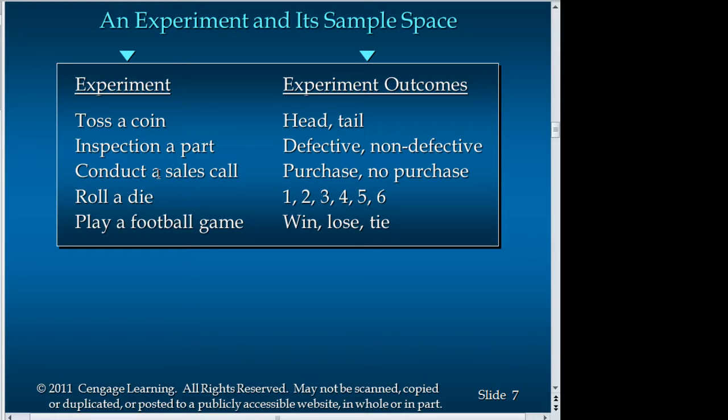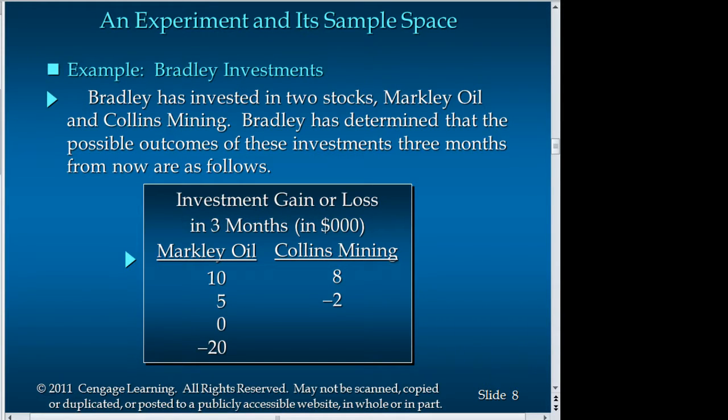If you conduct a sales call, you have two possible outcomes: purchase or no purchase. Roll a die, we talked about this, 1 through 6. Play a football game: you win, lose, or tie. You have three different possible outcomes.